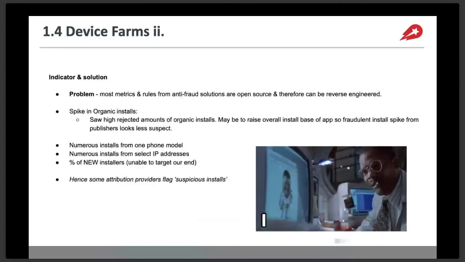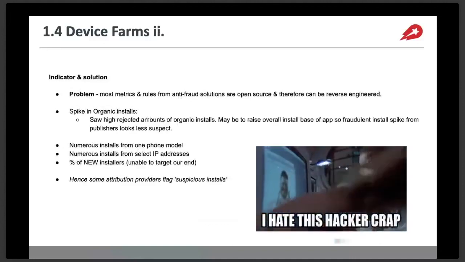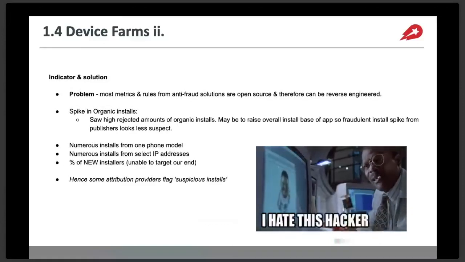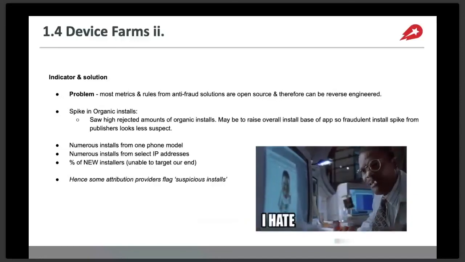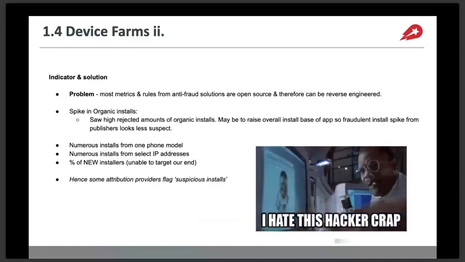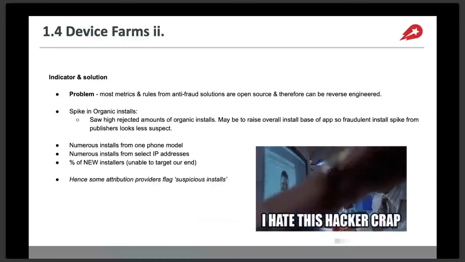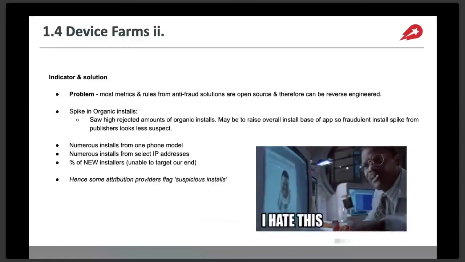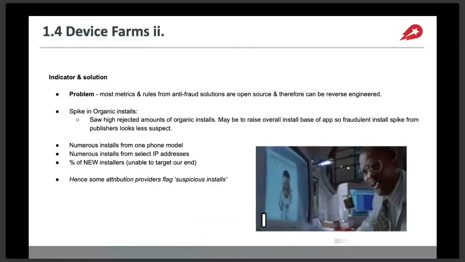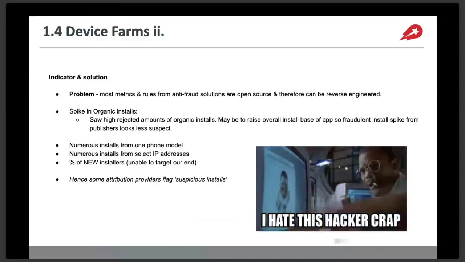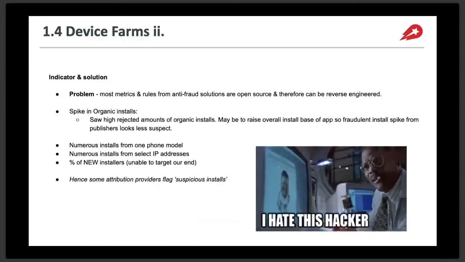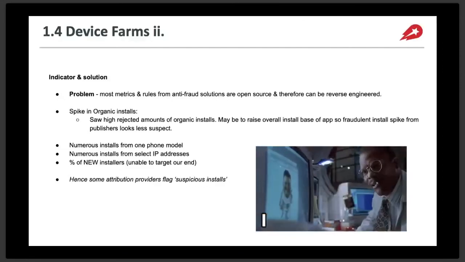The indicators: what indicates you may be susceptible to this. One problem is that most of the mobile measurement partners' anti-fraud solutions are open source, and you can see them on GitHub. Therefore, they can be reverse engineered. If you see a spike in organic installs, often installs which have been rejected may end up in organic.